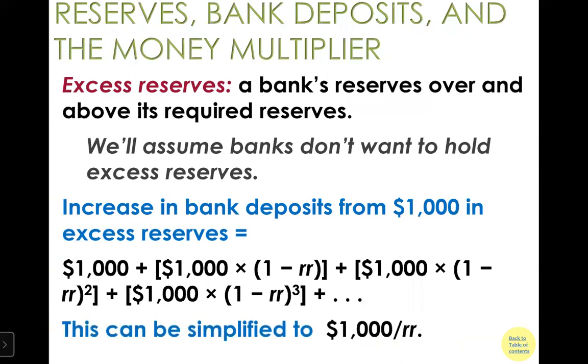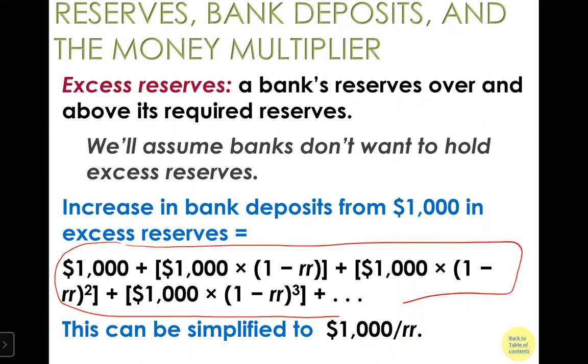Now, to summarize how much money the banking system can generate, this is going to be summarized by this equation. Let me explain what this means. This 1,000 in the example corresponds to the deposit that belongs to Silas.